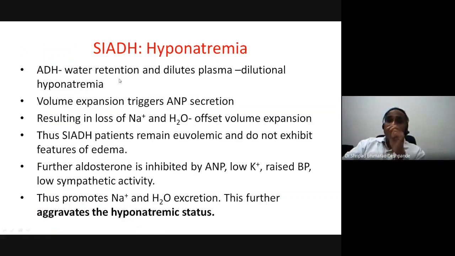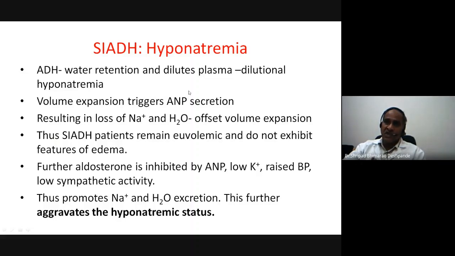So now let us consider what this hyponatremia in SIADH is, because hyponatremia is the main thing. Let us understand that ADH, antidiuretic hormone, reabsorbs water from the collecting duct. So it is a water-retaining hormone, and by doing so it dilutes the plasma. By diluting the plasma, the sodium levels fall.